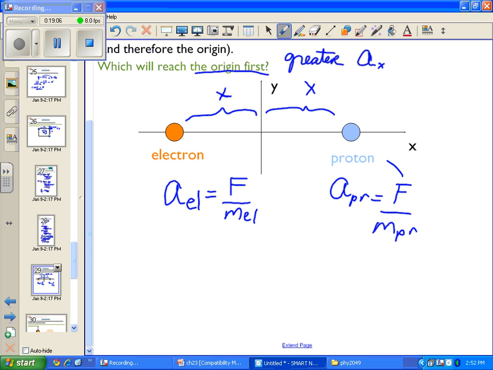Now, if the forces are the same, the only difference in the accelerations can come from the masses. And because these are inversely proportional, the smaller the mass, the greater the acceleration. And so therefore it will be the electron, which is nearly 10,000 times lighter than the proton, which will get to the origin first.